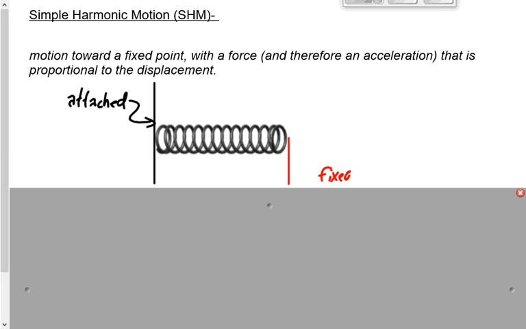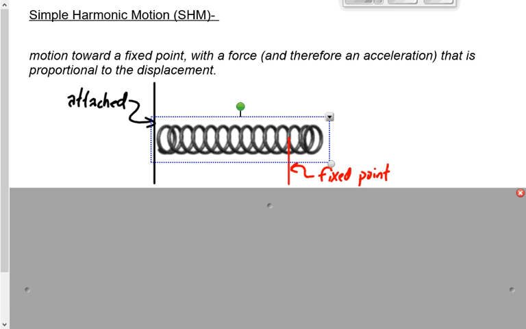Remember we defined simple harmonic motion as motion toward a fixed point. So that's going to be an important spot, okay? Motion toward that fixed point right there where the force is related to the displacement. All right. Now bear with me on this, okay? This is a spring that is not stretched or compressed right now. But I can stretch it, I can compress it. I'm going to stretch it right now. I'm going to stretch it just a little bit.